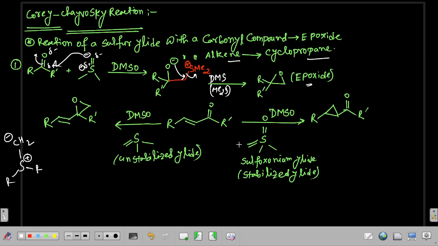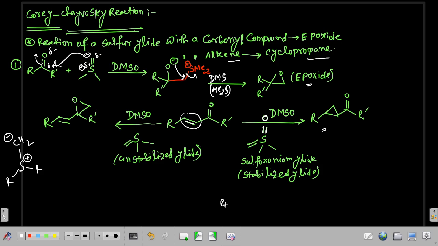Now, if there is any alpha beta unsaturated carbonyl compound, like this alkene, in presence of this stabilized sulfoxonium halide, it leads to the formation of this cyclopropane.